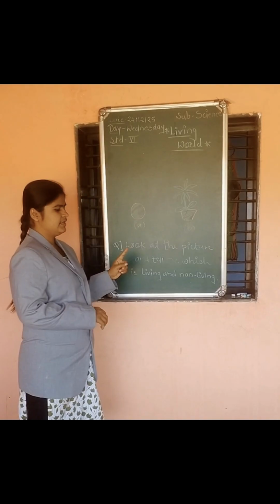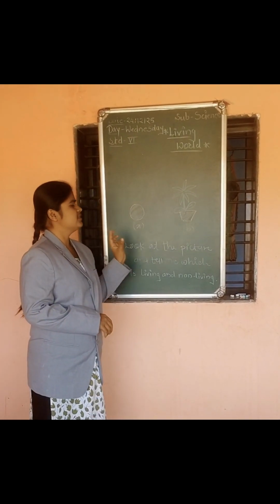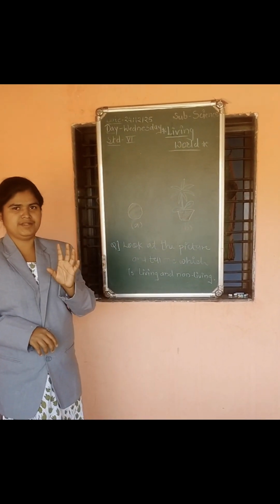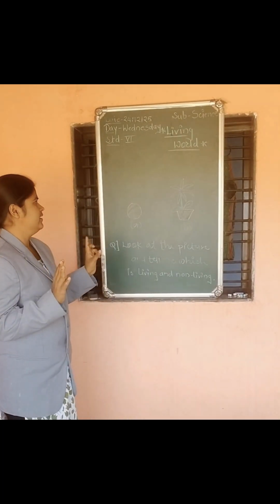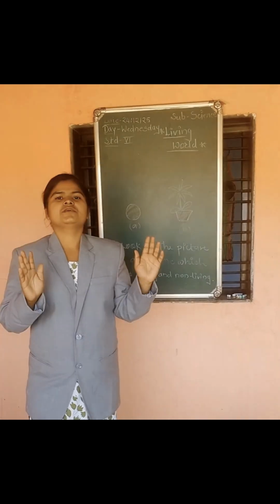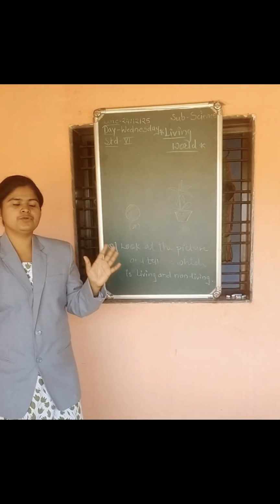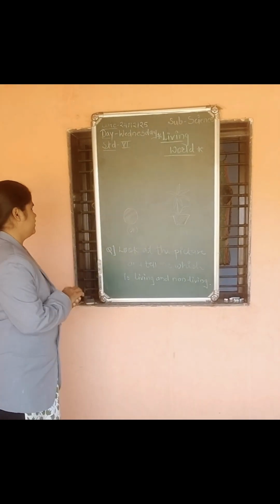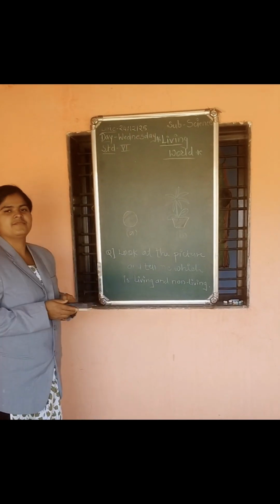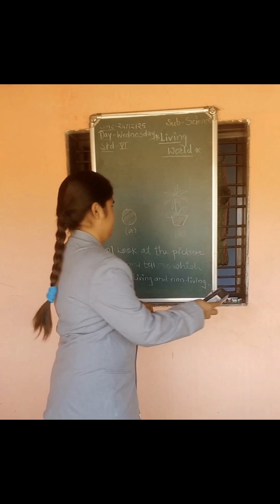Why is the plant a living thing? Because it has certain characteristic properties which make a plant a living thing. Today we are going to learn about all these concepts of the living world. So let's start with today's session.